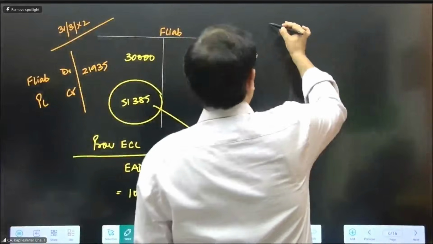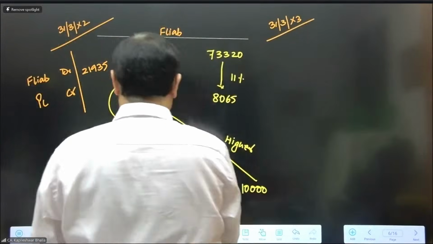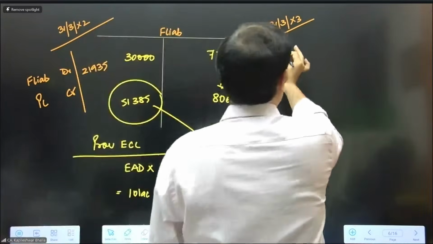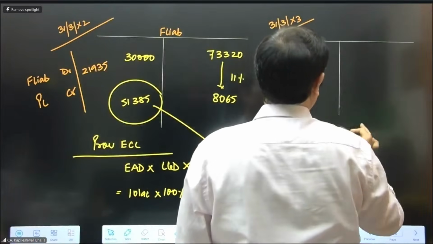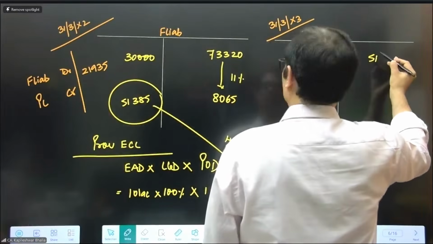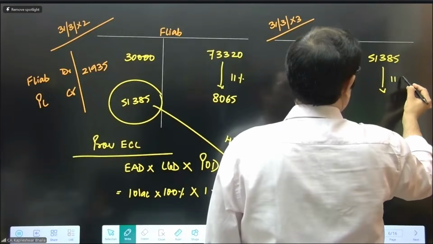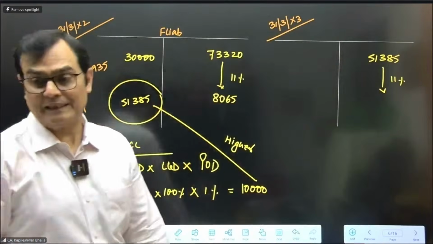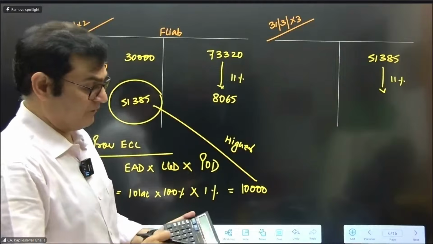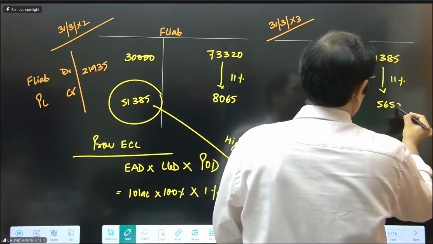Now on the similar lines, let's do the calculation for March X3 as well, though it is exactly on the same lines. So let's make the amortized value of this liability. So this comes to 51,385. We take 11% unwinding on this. 51,385, 11% would mean 5652 approximately.